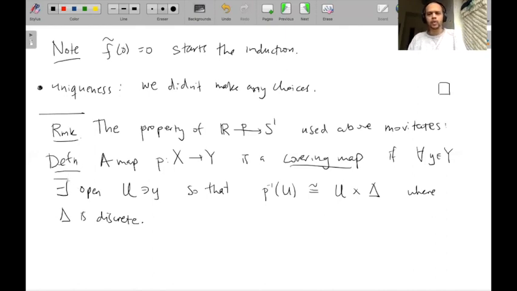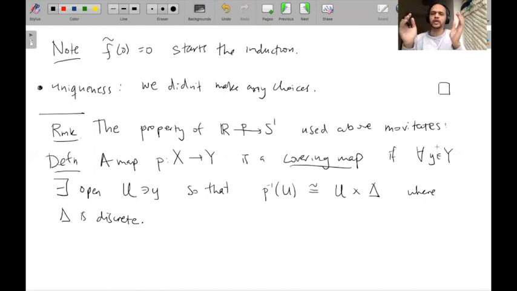So in the case of R mapping to the circle, we saw that for any point on the circle, you could put that in a little hemisphere, and the preimage of that hemisphere or semicircle is just a product.